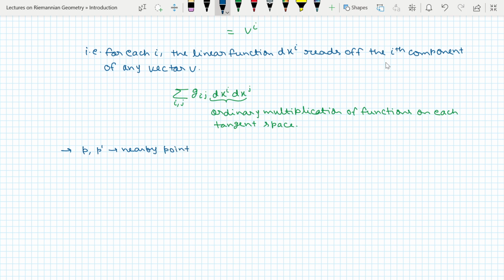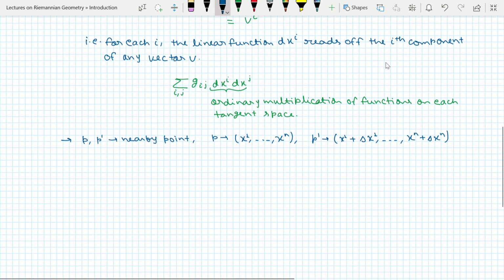Okay, and you have the coordinates for the point P, x1 to xn. And for P dash, which is the nearby point to P, the coordinates are x1 plus delta x1 and so on up to xn plus delta xn.